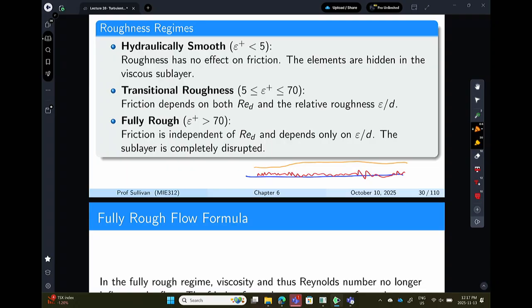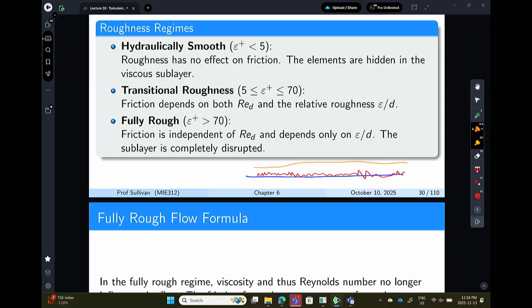A boundary layer is a viscous sublayer, a buffer layer, and then an outer region. It doesn't matter. The main thing is that right near the wall, there is a region of fluid with very, very slow motion. If it's very small, it's hydraulically smooth, and the roughness doesn't affect things because the fluid is able to go over the viscous sublayer.